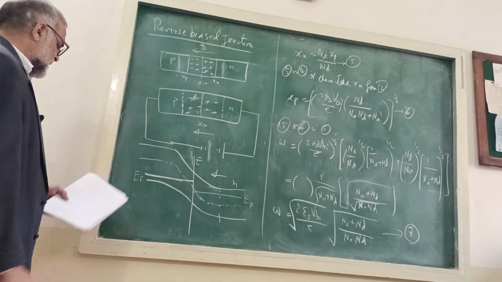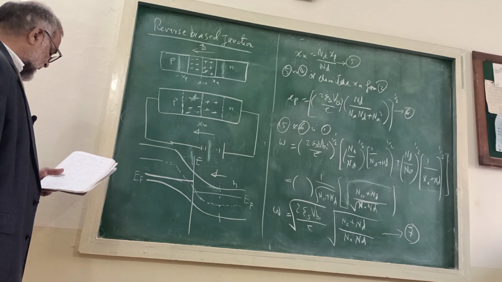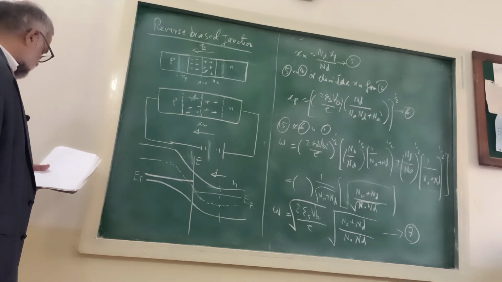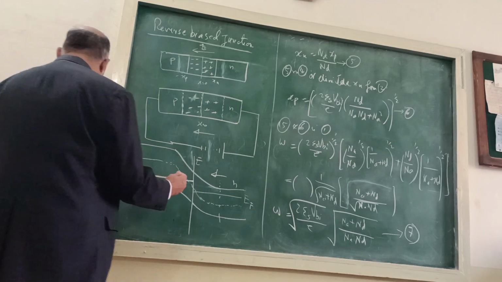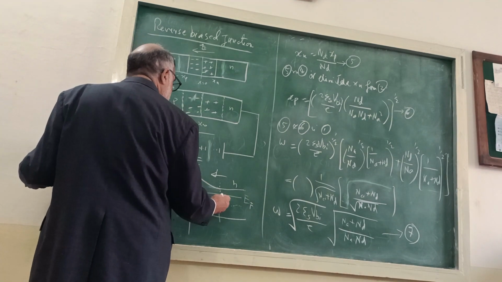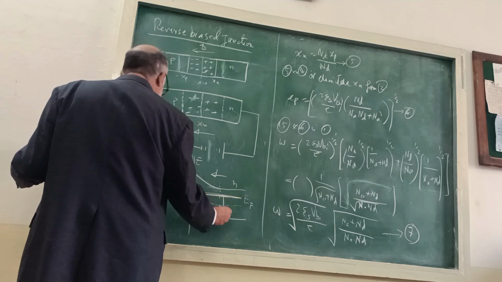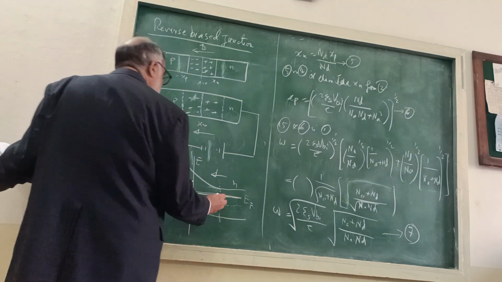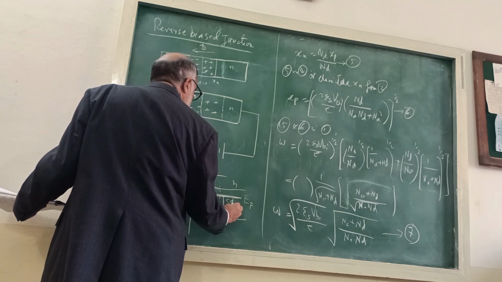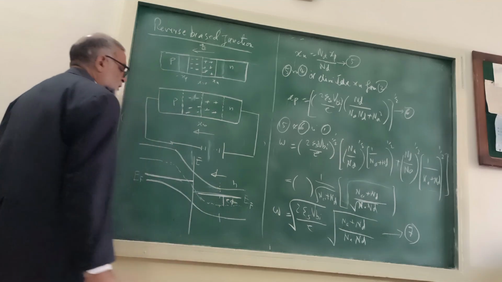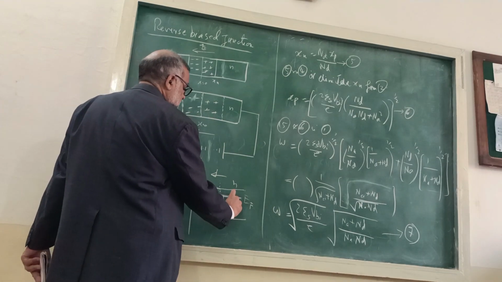To move to this side, the potential difference has increased. This was, if you remember, the product of the term value E phi n. Phi n was the potential difference and this was the energy.